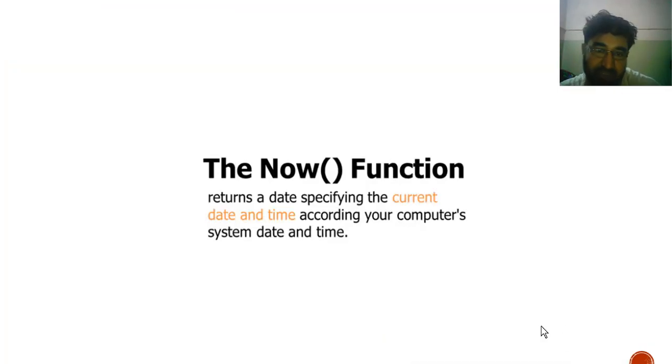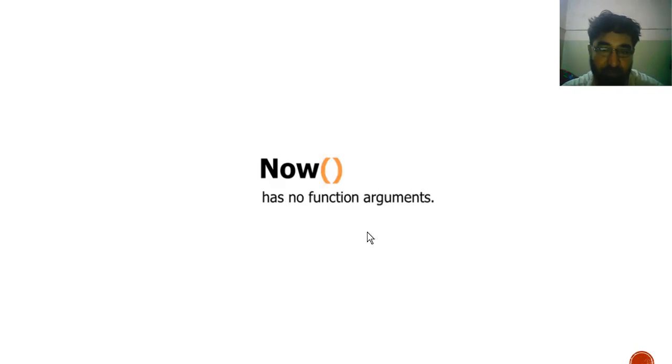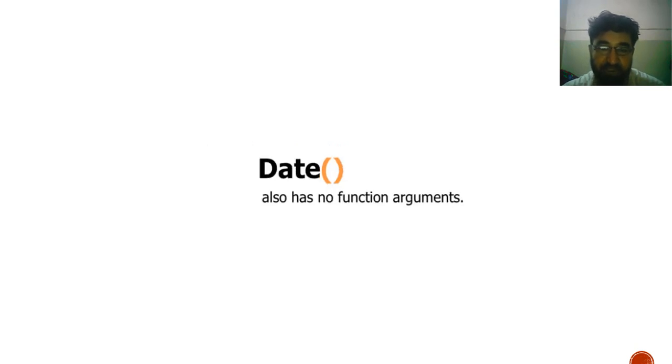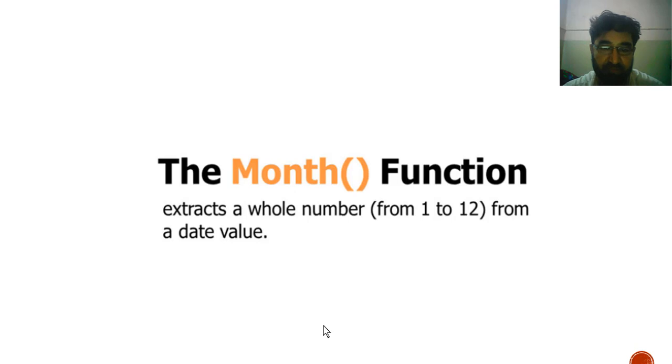So we have seen that the now function returns a date specifying the current date and time according to your computer system date and time. The now function has no function arguments, and the date function returns the current system date. The date function also has no function arguments, but it requires these parentheses.